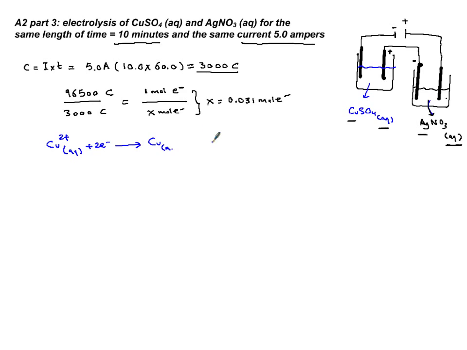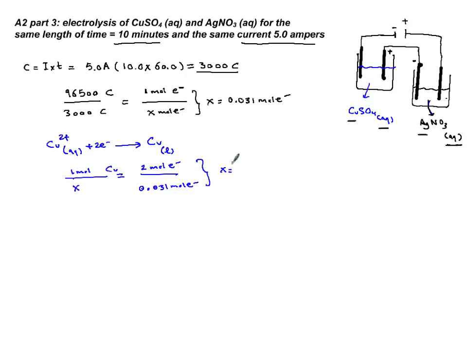I'm going to put the state of copper as liquid. Now, let's look at the proportionality. 1 mole of copper requires 2 moles of electrons. If you only have 0.031 moles of electrons, we can calculate the amount of copper you produce mole-wise.